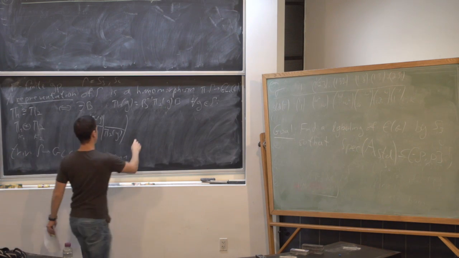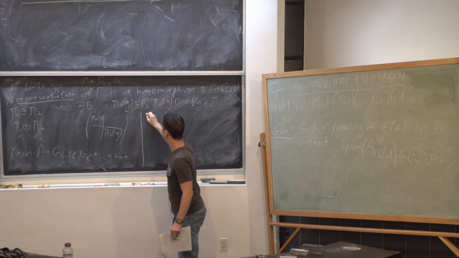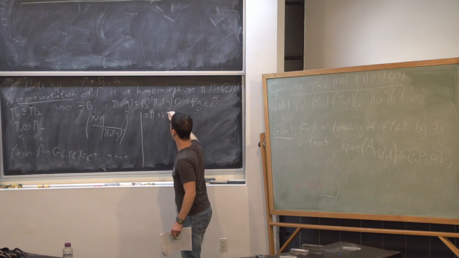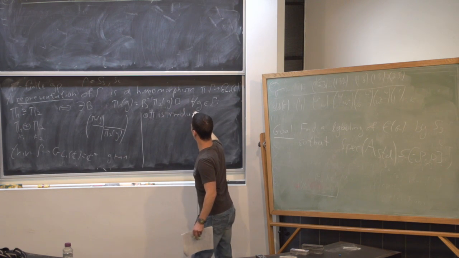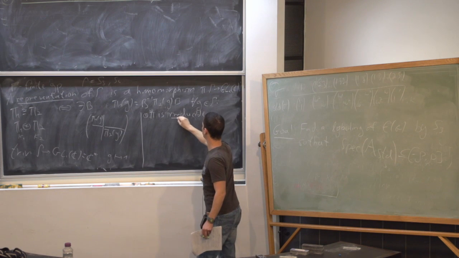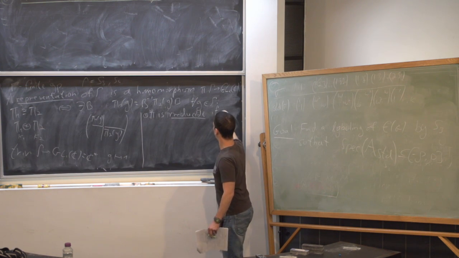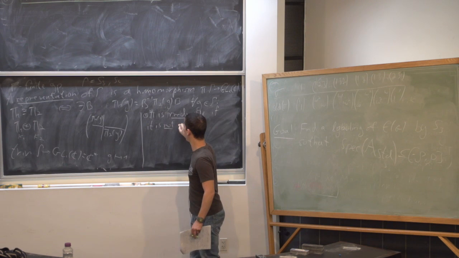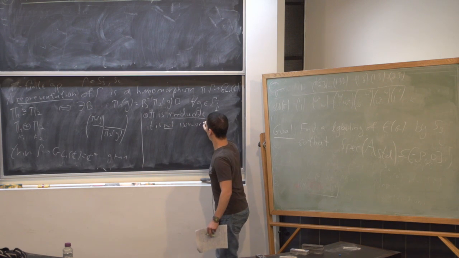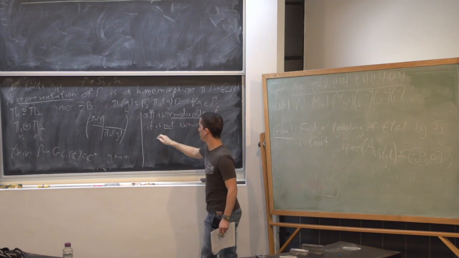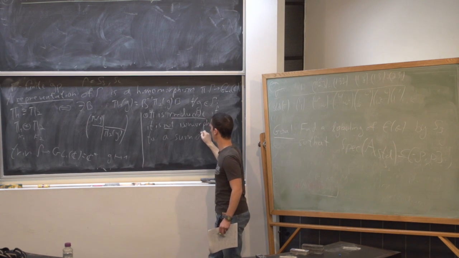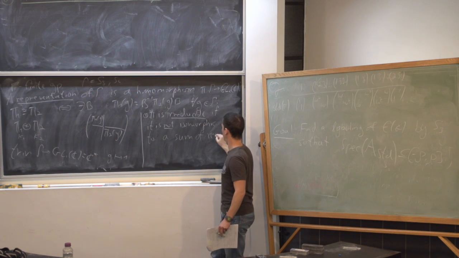And finally, but very importantly, an irreducible representation. So pi is called irreducible if it is not isomorphic to a sum of representations.